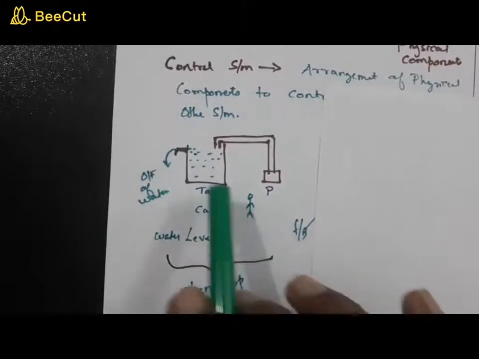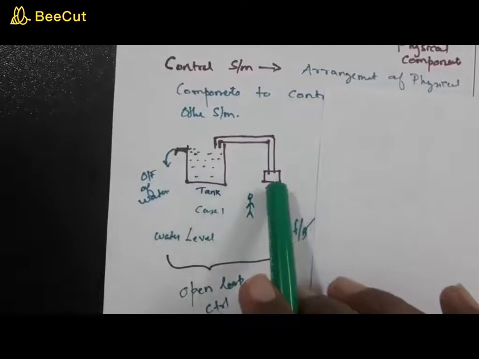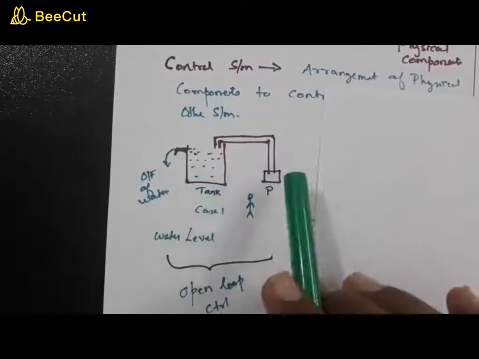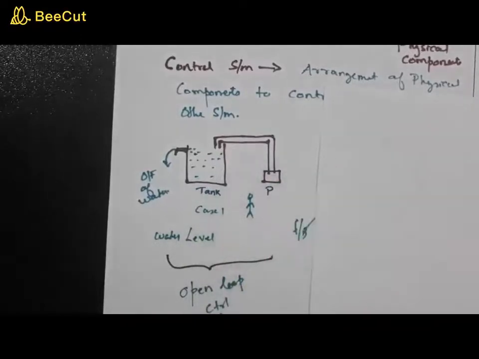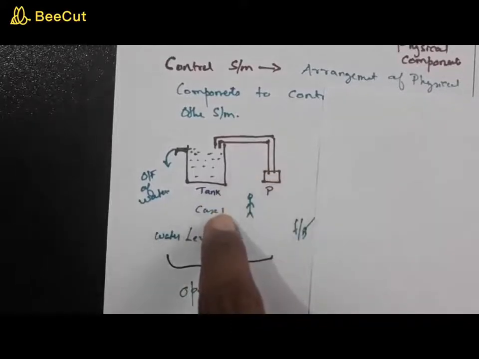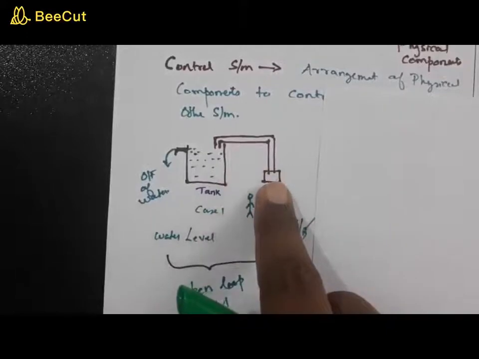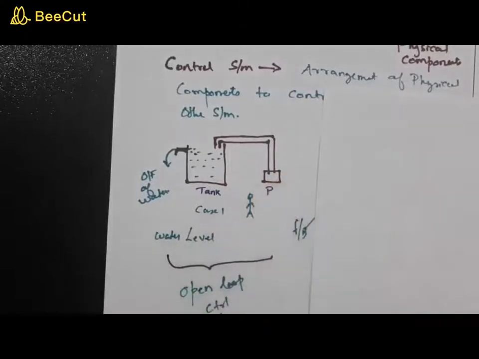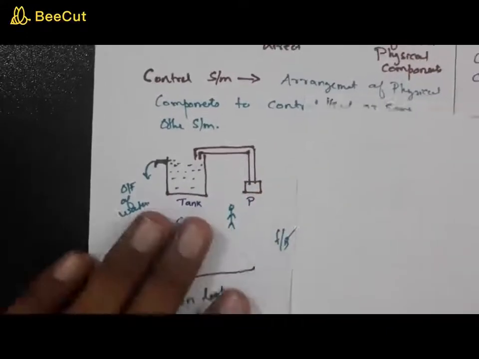And once the tank is empty, you can switch on the pump by setting a timer or looking at your watch. When it reaches the time which you have already recorded, then you can switch off the pump. So that is called calibration.